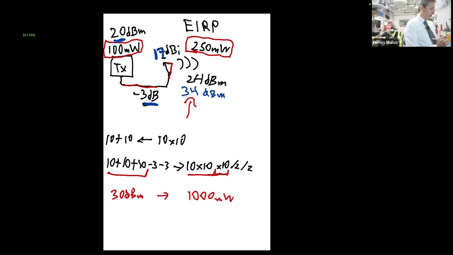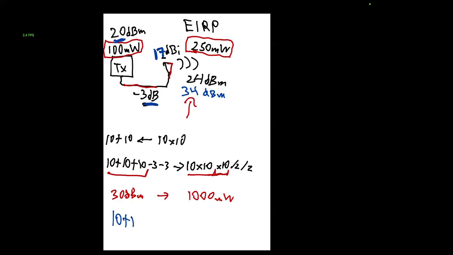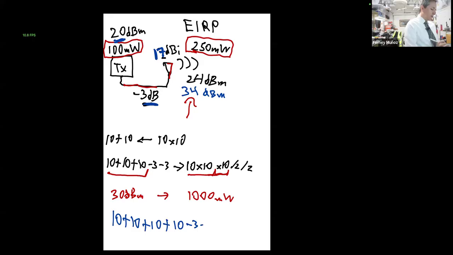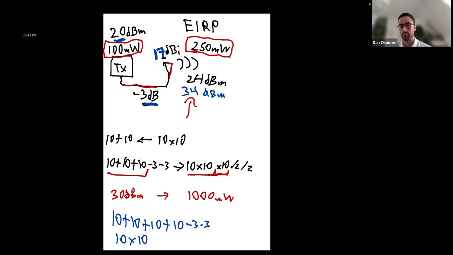Let's just do it again. How do you get to 34 if all you have is plus and minus 10s and 3s? 10 plus 10 plus 10 plus 10, okay. Minus 3, minus 3. And that on the other side becomes 10 times 10 times 10 times 10, divided by 2, divided by 2.